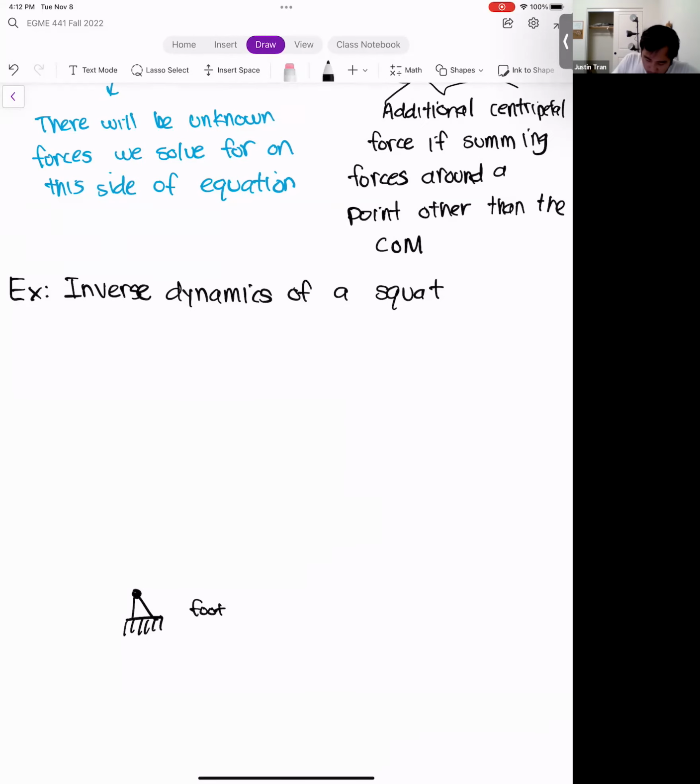Of course, attached to the foot is our ankle joint. Attached to the ankle joint, we have our shank. Remember, our shank is our lower leg.